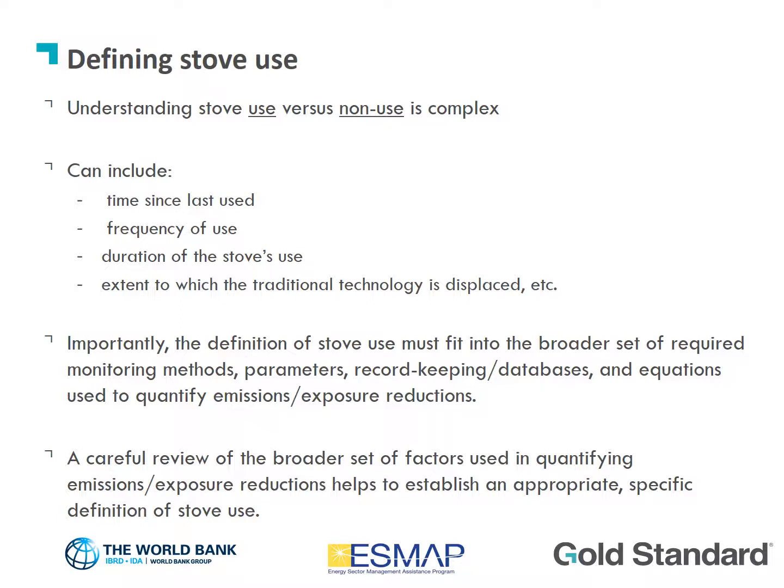There are other factors to consider as well, but these 4 are probably the most important to look at. Also, the definition of stove use must fit into the broader set of required monitoring methods, parameters, record keeping, and equations to quantify emissions and exposure reductions.